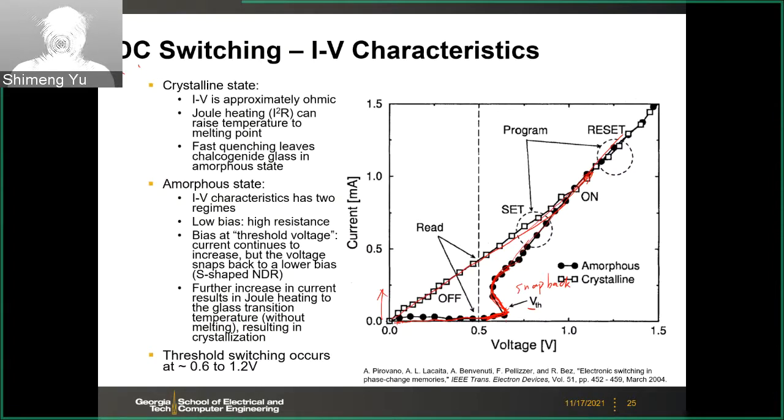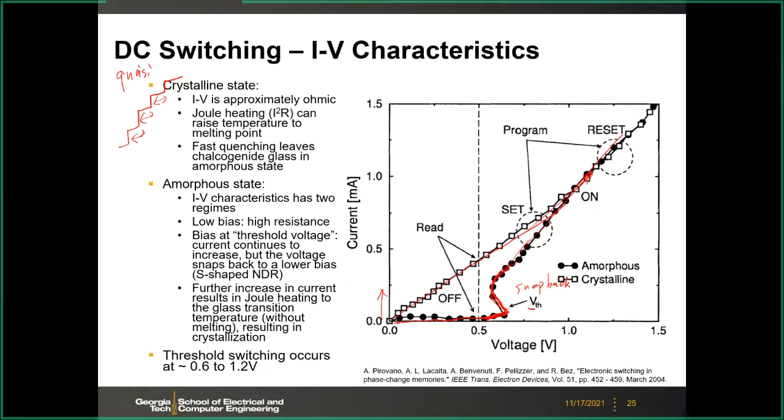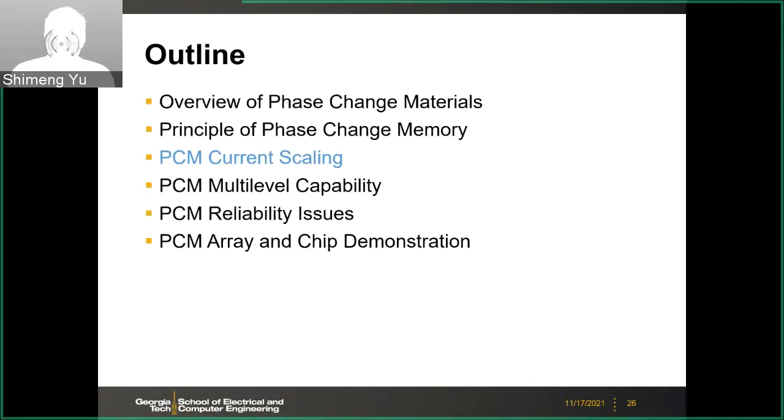So-called the quasi-DC sweep is that you ramp up the current or the voltage in this staircase-like pattern, right? So at each current or voltage level, you wait for some time. So this is so-called the quasi-DC sweep. So any questions so far?